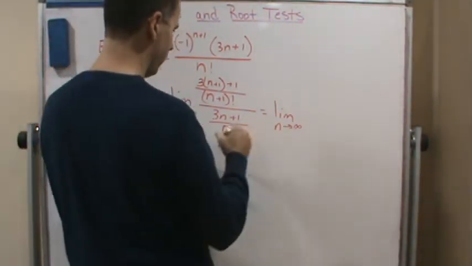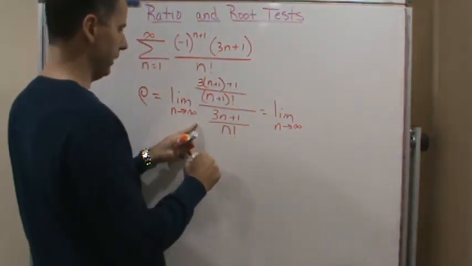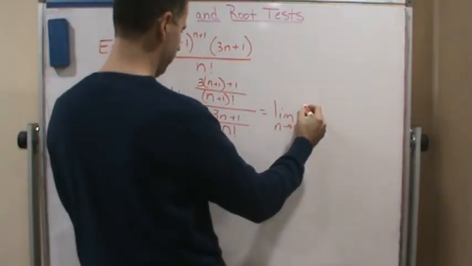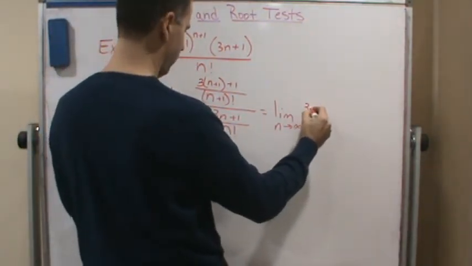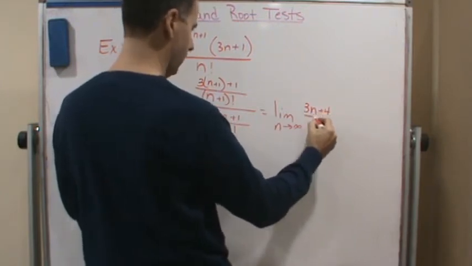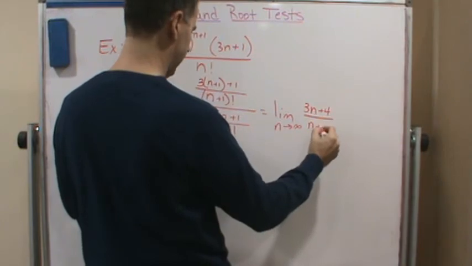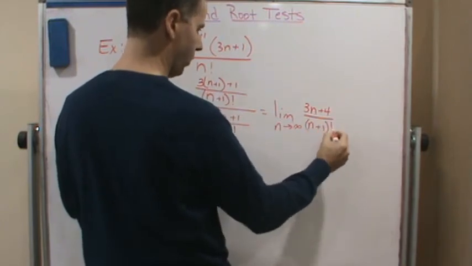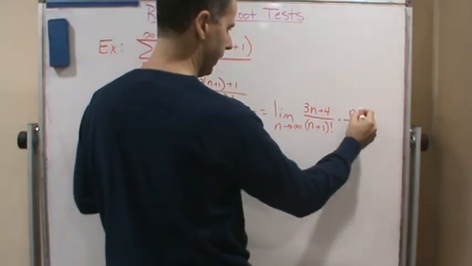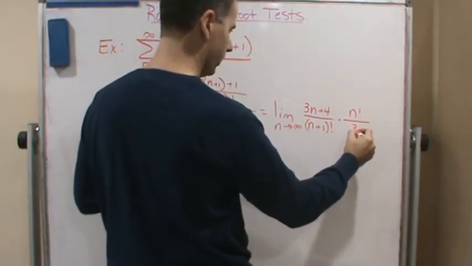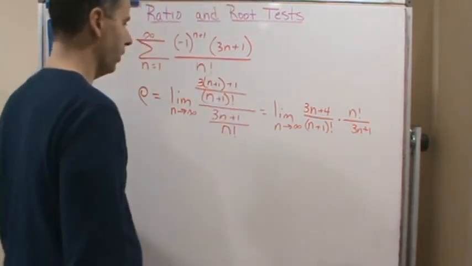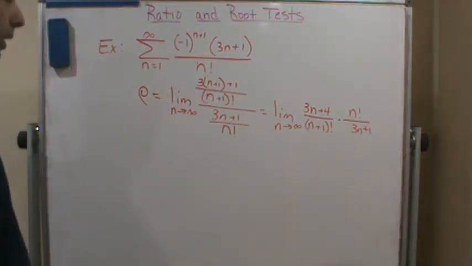And so this is going to be what? This is going to be 3n plus 4 over n plus 1 quantity factorial, times n factorial over 3n plus 1.